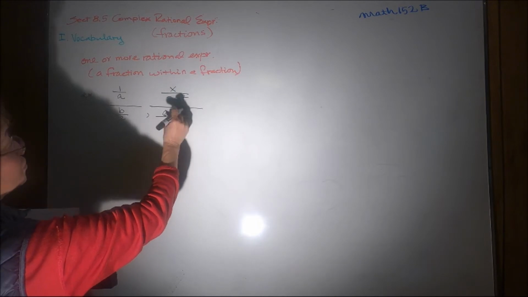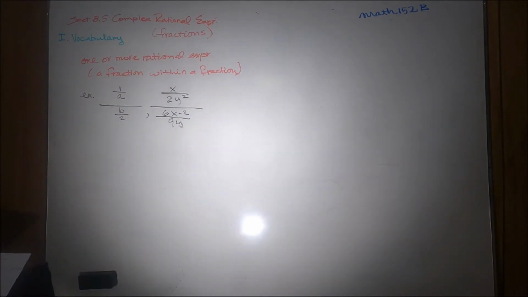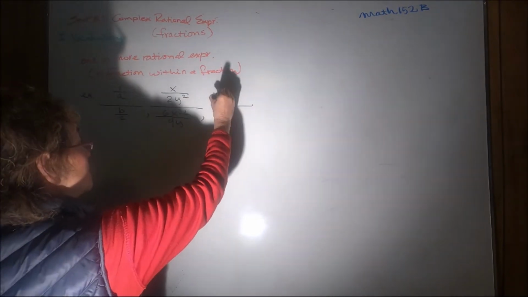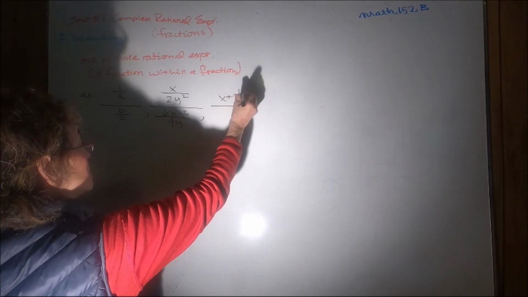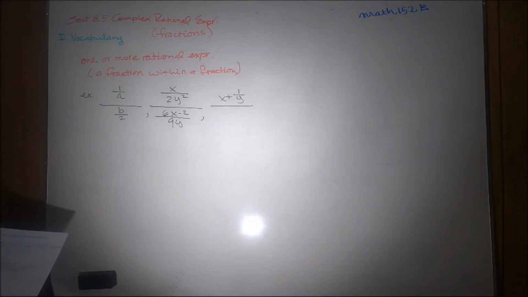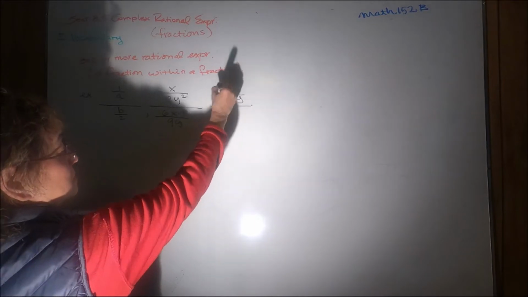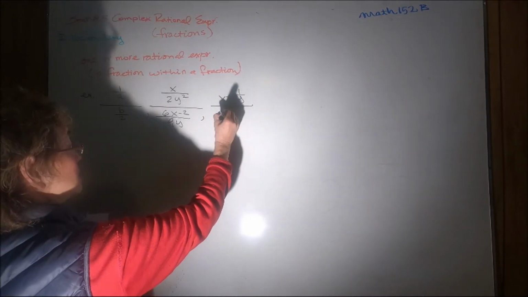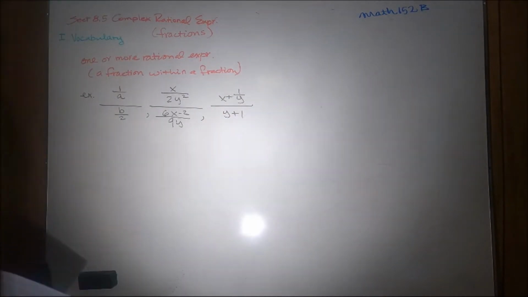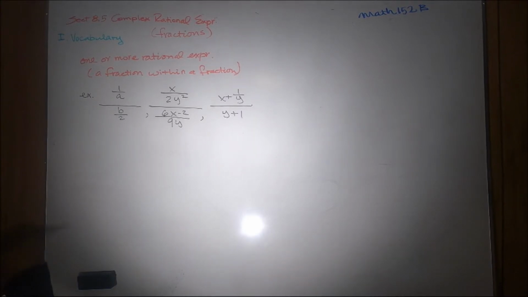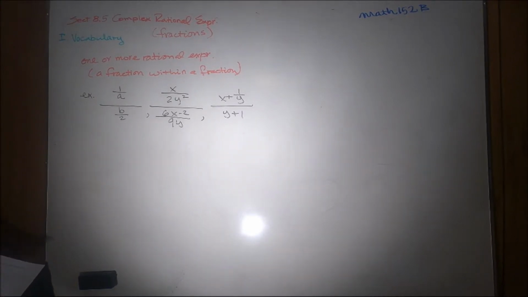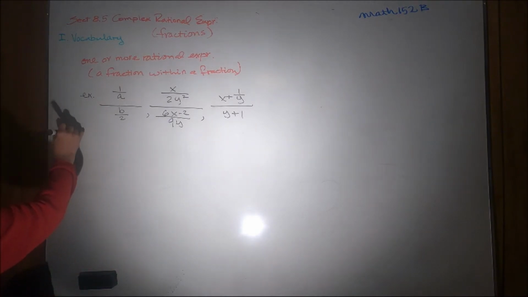This one will have two terms in the denominator. Or it might look like this, right? A rational expression over another polynomial. So it becomes what we call a complex rational expression. So it's complicated. That's what it is, right?